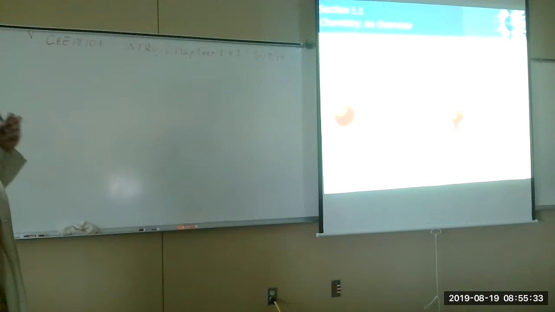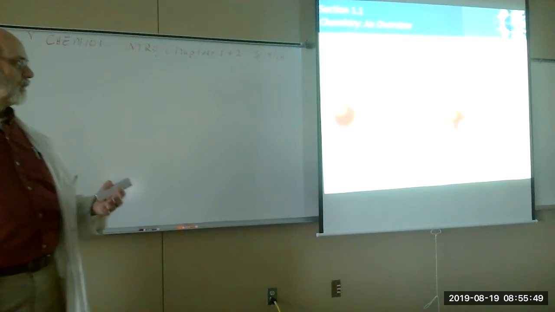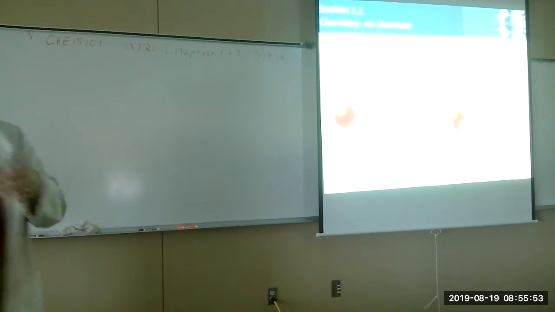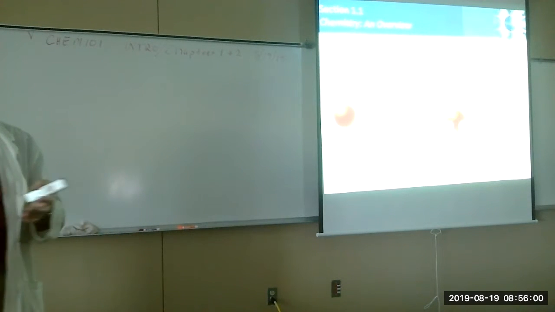Now, what is matter? Right. Has anybody had high school chemistry or physics or anything like that? Okay, so you know the standard definition for matter: anything that has mass and occupies space. But it wasn't until the middle 17th century that we started figuring out what that matter was made of.